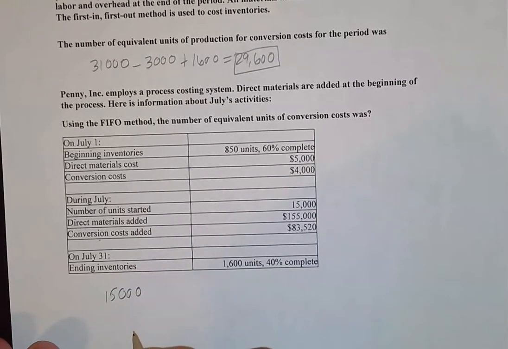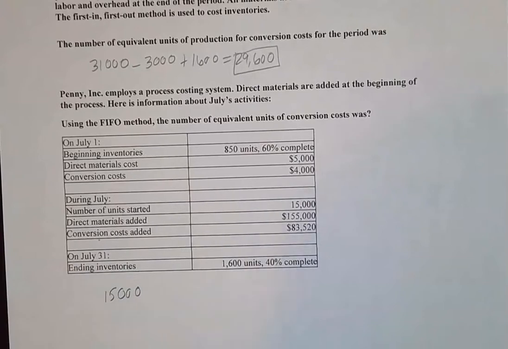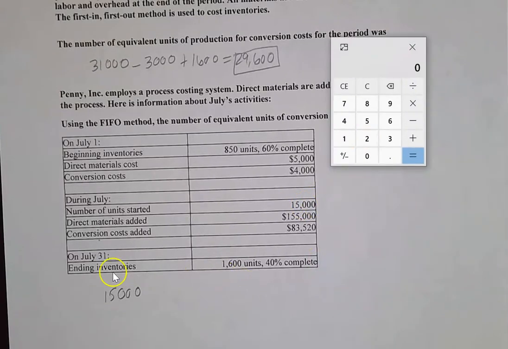15,000. So let me ask you this. How many units of these 15,000 that were started were not completed? Ending inventory of 1,600 units that are some percentage less than 100 complete. So all we have to do here is say that we started 15,000 units.